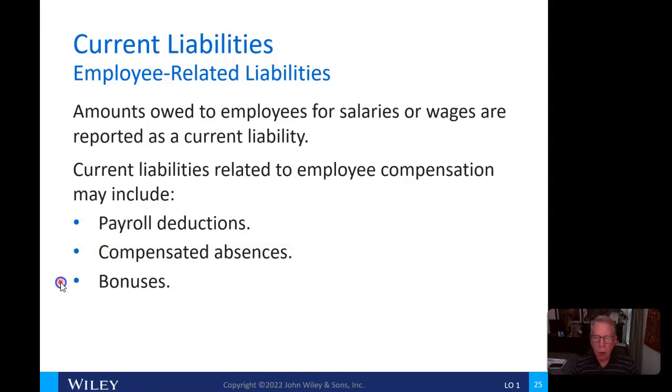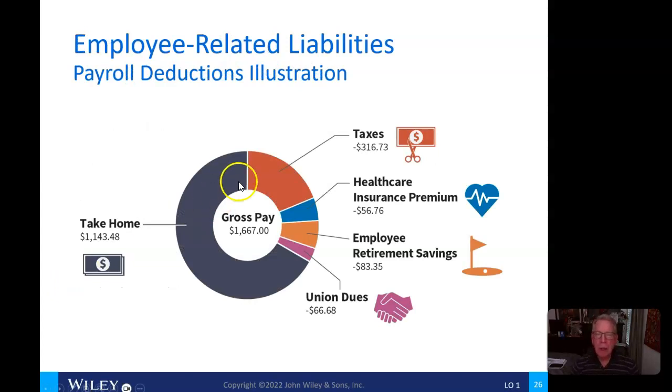And of course, my favorite subject, bonuses. Okay, so here it shows a little graphic depiction of our taxes, healthcare costs, employee retirement savings, union dues, and then the take-home pay of this particular employee.